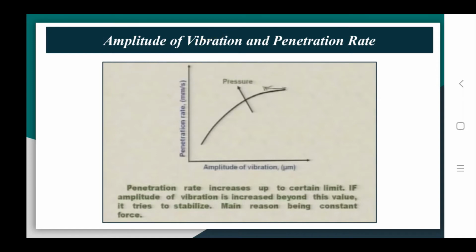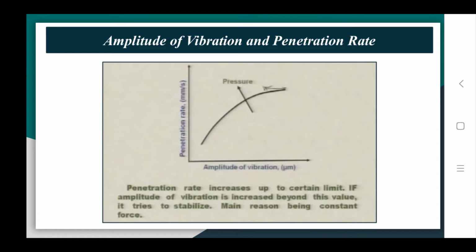In this slide I have shown the relationship between the amplitude of vibration of the tool and the penetration rate, that is the penetration rate of the abrasive particle into the workpiece. You can see here that as the amplitude of vibration is increasing, the penetration rate is also increasing.